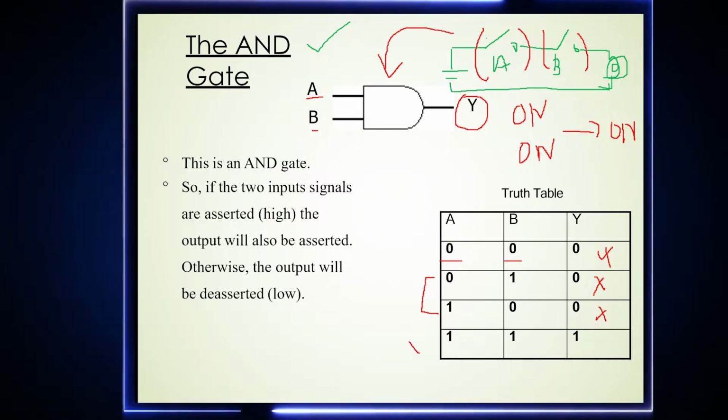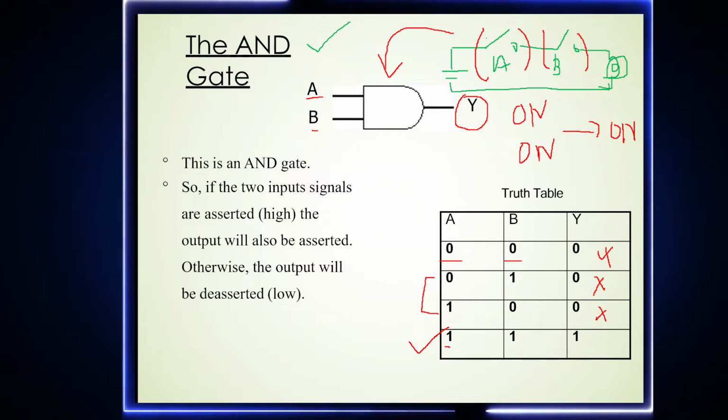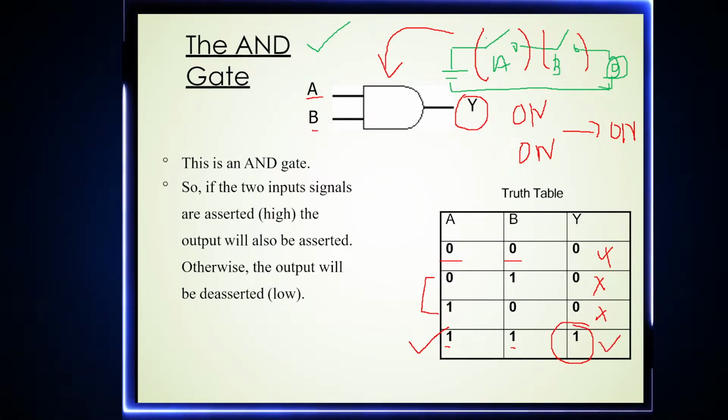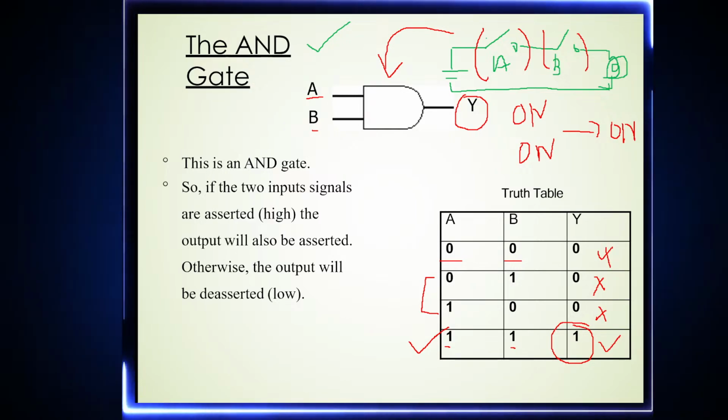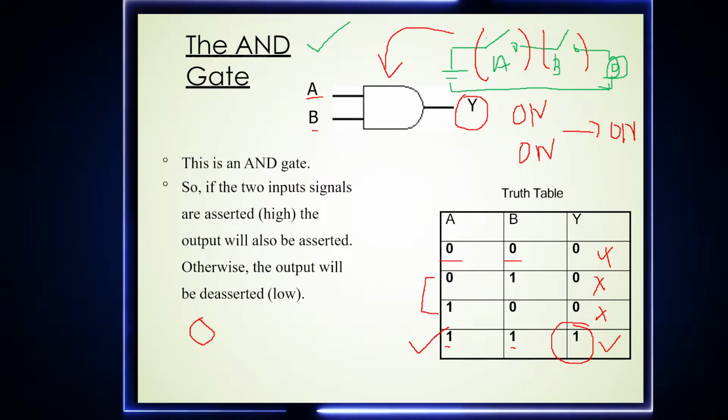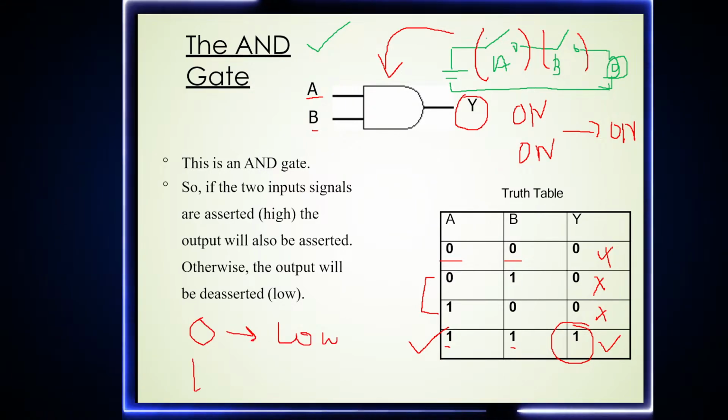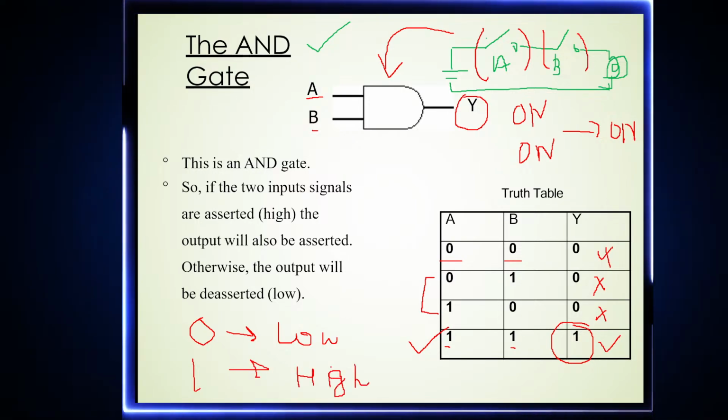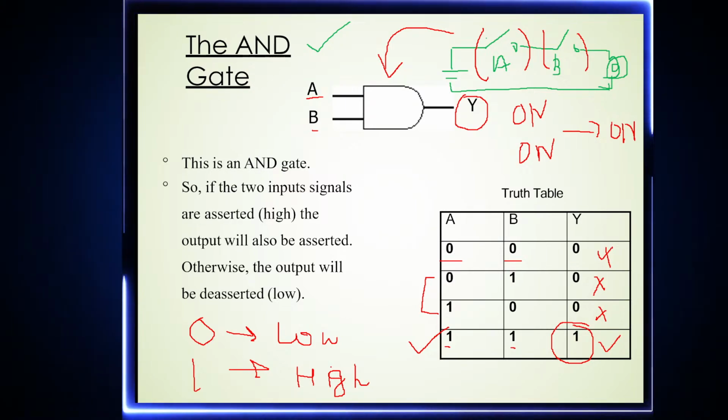We require both the inputs to be positive. If A is 1 and B is 1, only then our output Y will be high. Instead of on and off, we would say if it is 0, we consider it as the low state, and when it is 1, we consider it as the high state. So this is the simple AND gate, this is the truth table, and this is the symbol.